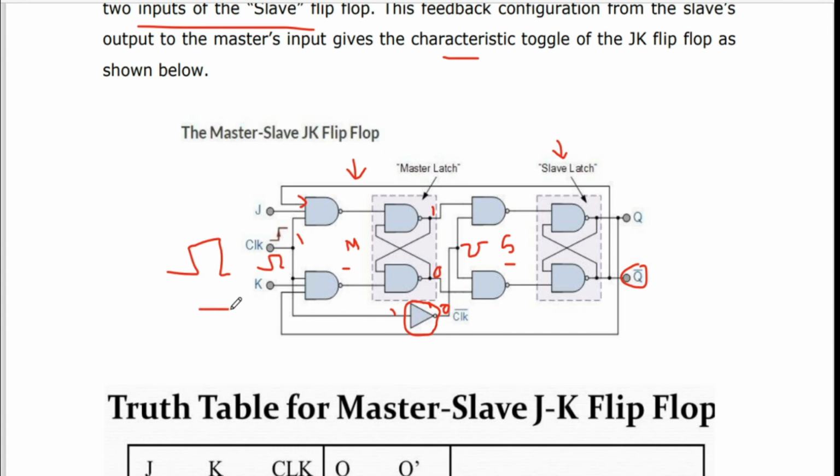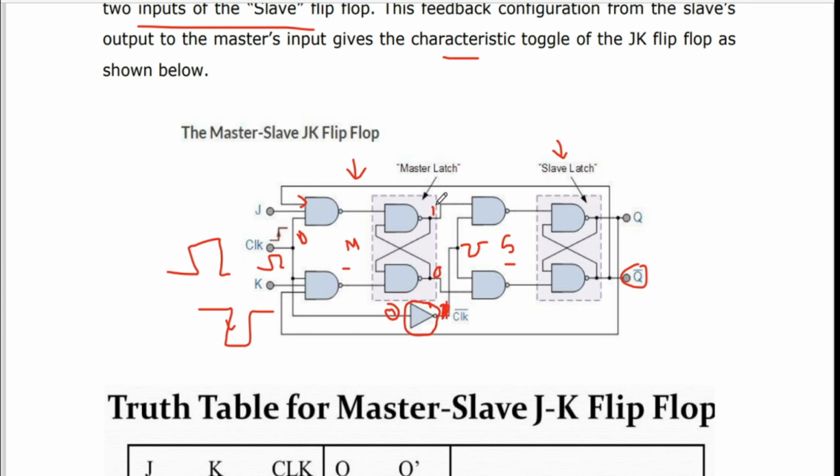Then when the clock pulse changes from high to low, that is, when the clock pulse is 0, the slave is going to be active.